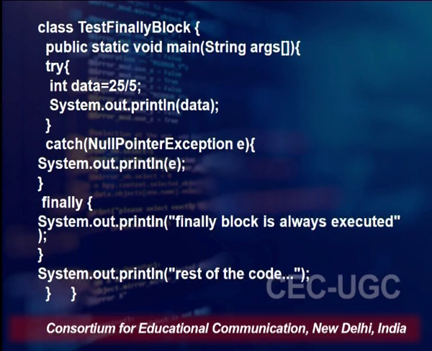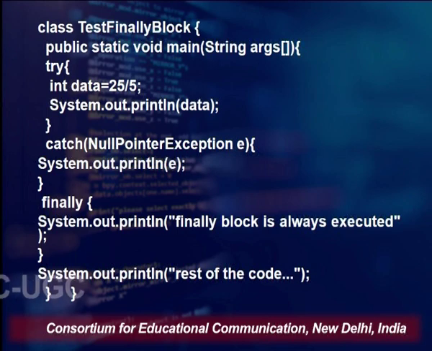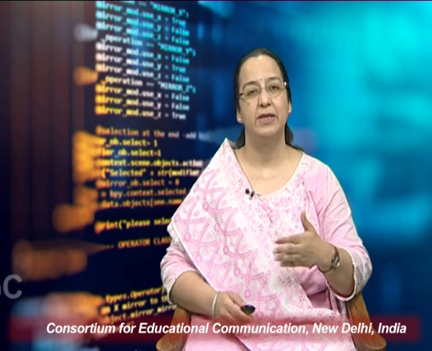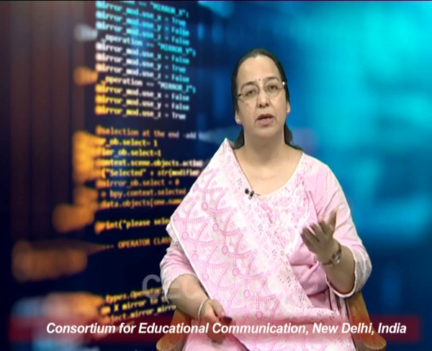So, when we compile and run this program, this try block is not going to throw any errors, because data = 25 / 5 is a simple arithmetic statement which will be executed without any exception being thrown.